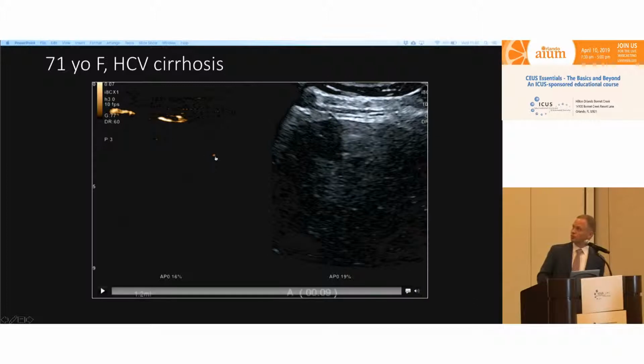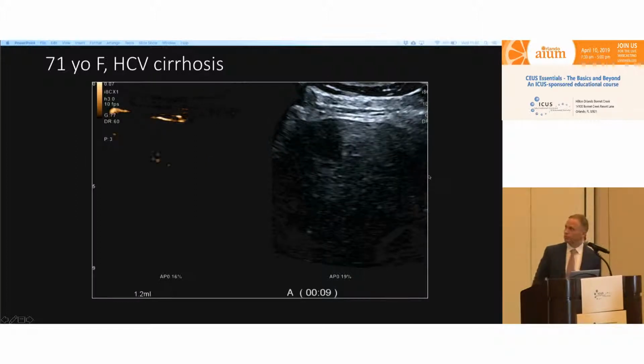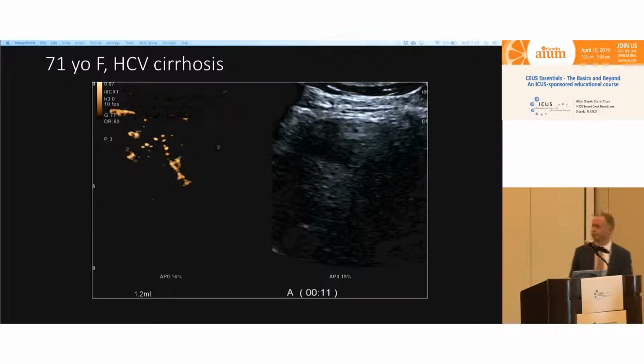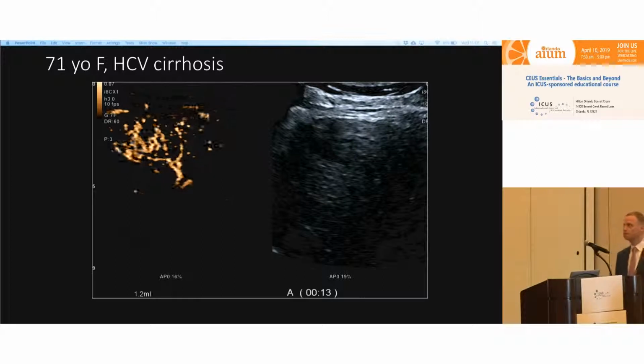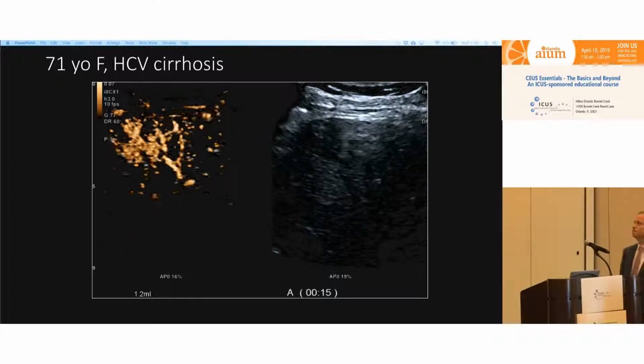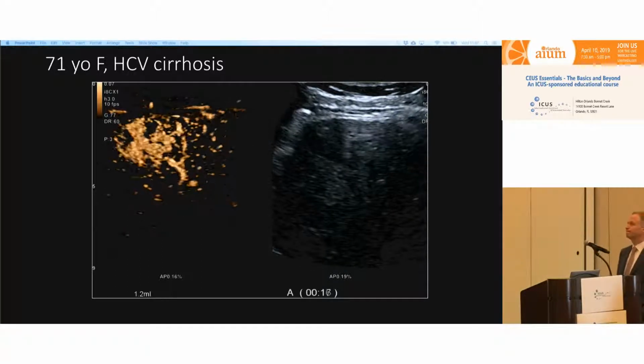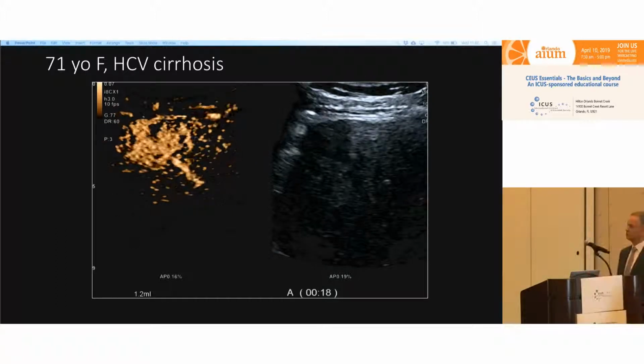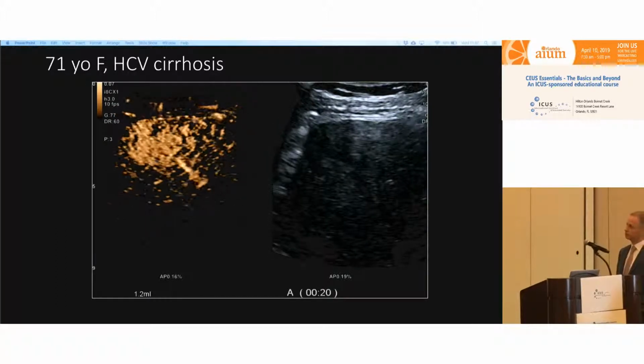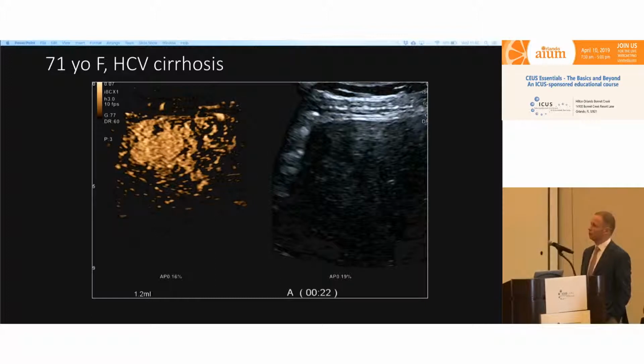All right, dual screen, contrast-enhanced ultrasound image, grayscale with the tumor, injecting bubbles. So that's the end of the arterial phase.